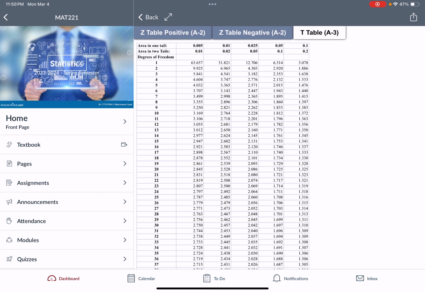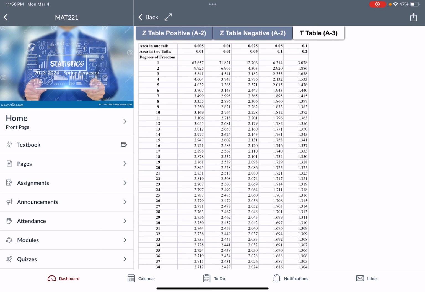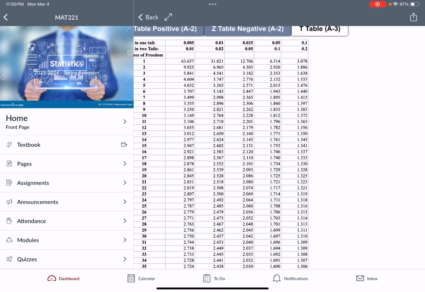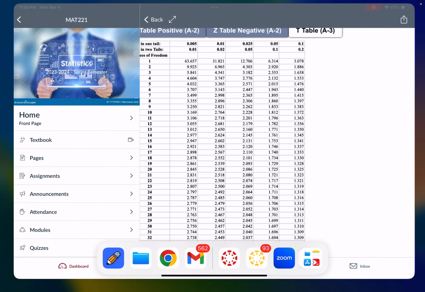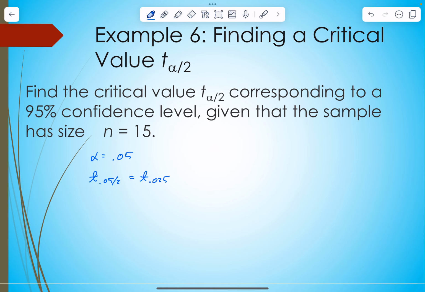Notice that the third tab on the table gives me a t distribution. Here's my columns. Now notice that because I get a different curve with each degree of freedom, this has been simplified. Now, with the 95% confidence interval, alpha equals 0.05.